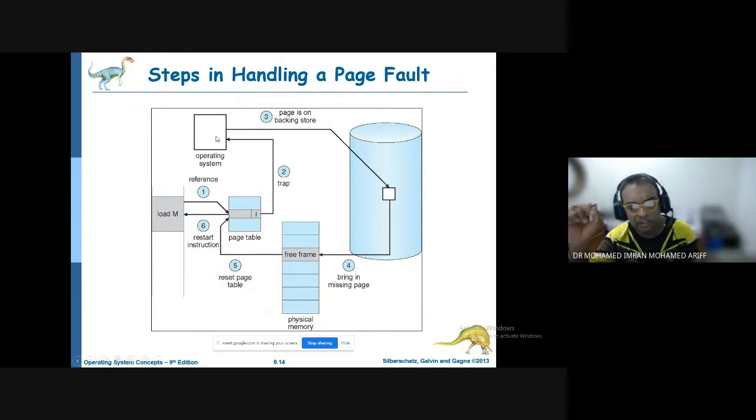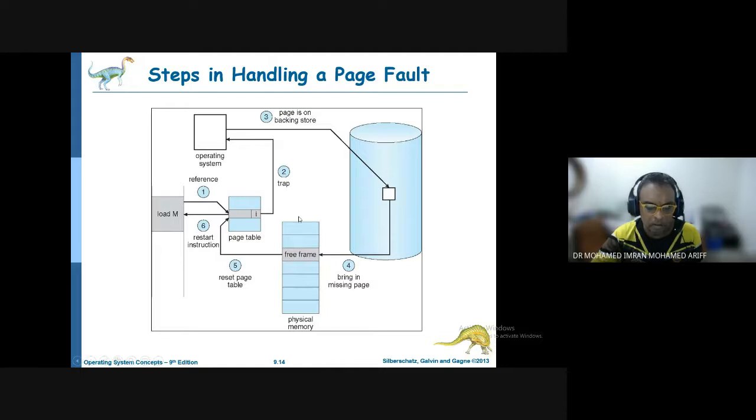So the operating system will be notified that the file is not inside here. We need to get the file from the backing store or the hard disk. Alright, the files are here. Now bring it back and put it inside the physical memory, and then update the page table and put a V sign here. So V means valid.